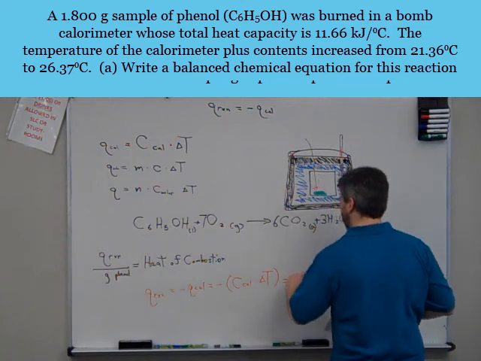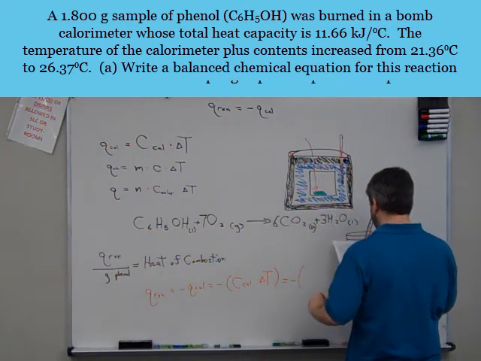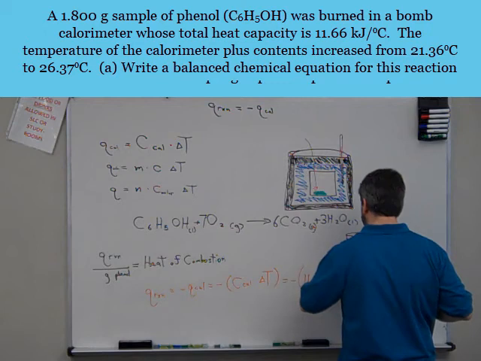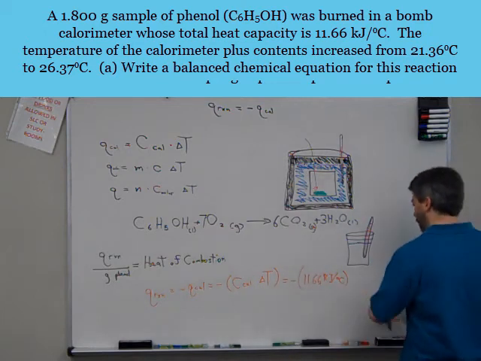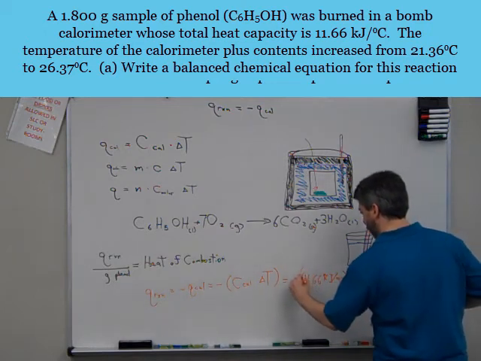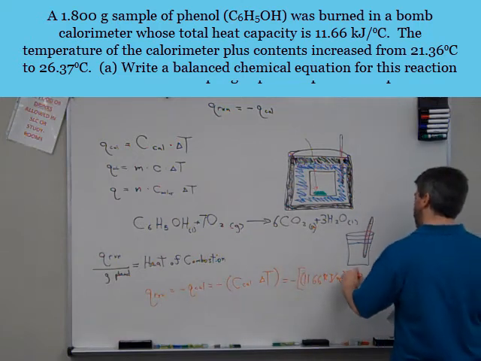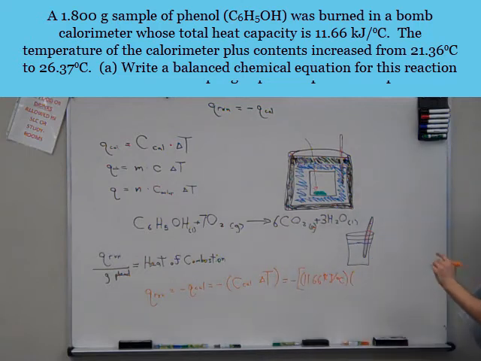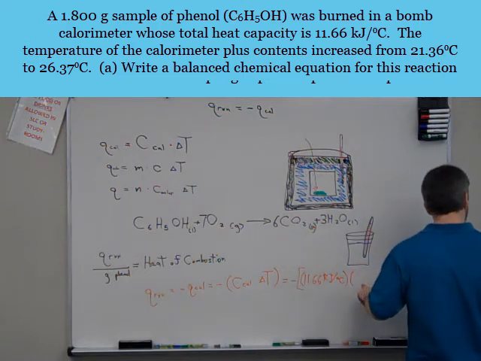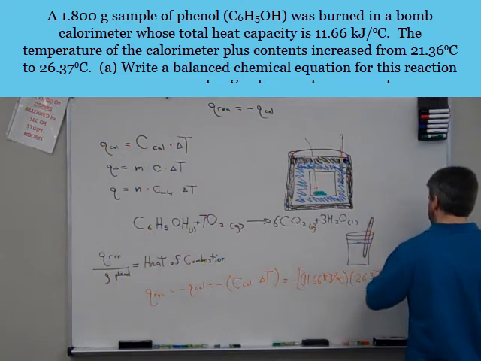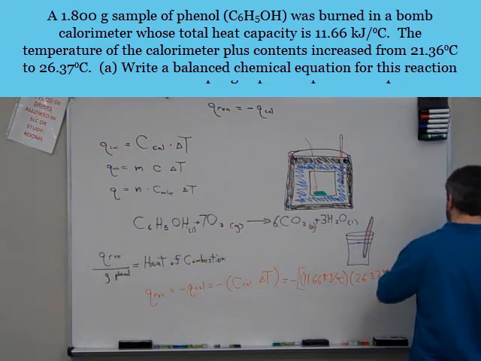So now I'll just go ahead and plug in my numbers. The heat capacity of the calorimeter is given as 11.66 kilojoules per degree Celsius. And then, actually I'll use brackets so it looks nicer. And then I'm going to multiply that times the change in temperature, which is the final temperature, 26.37 degrees Celsius, minus the initial temperature, 21.36 degrees Celsius.